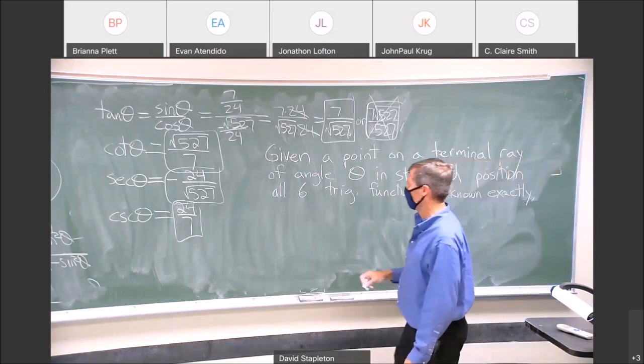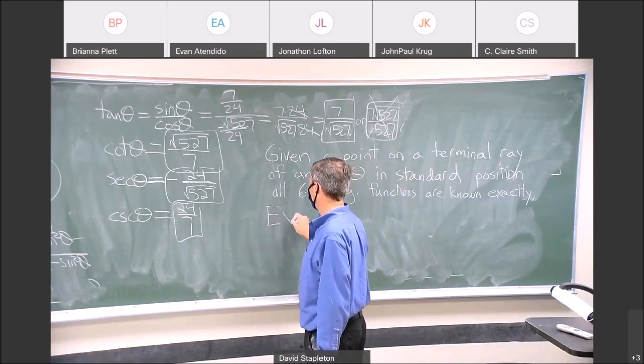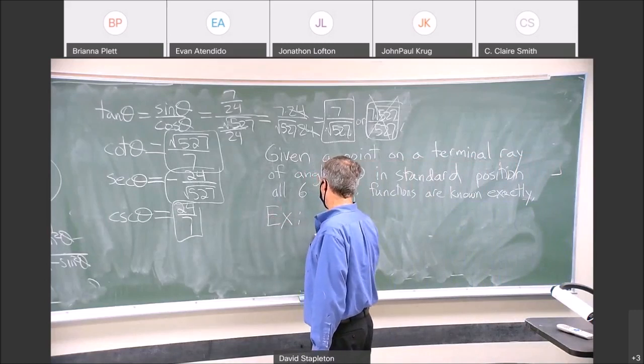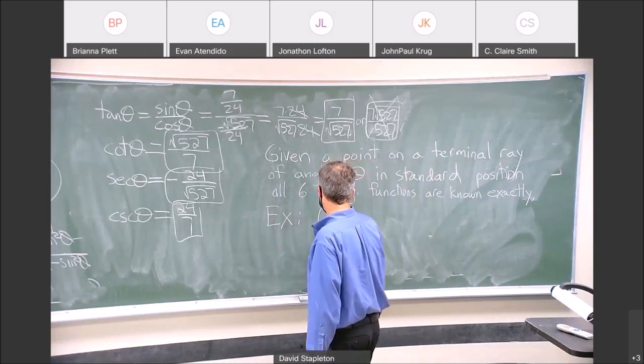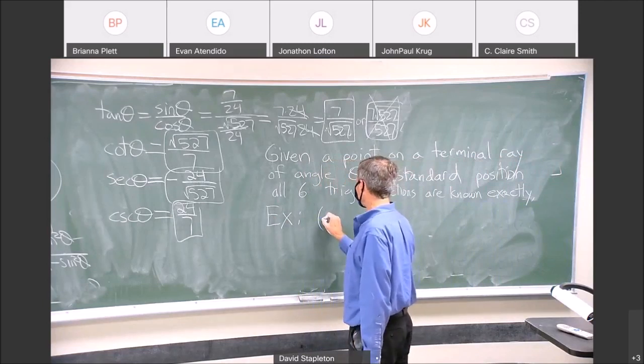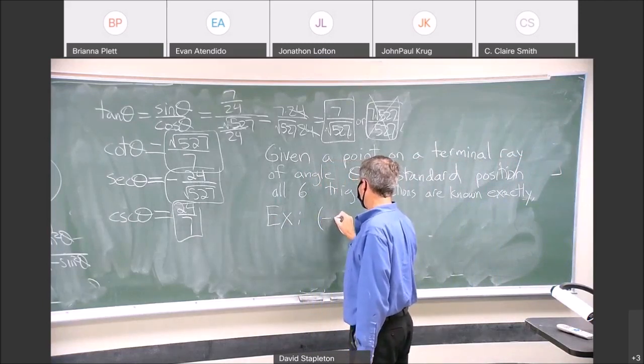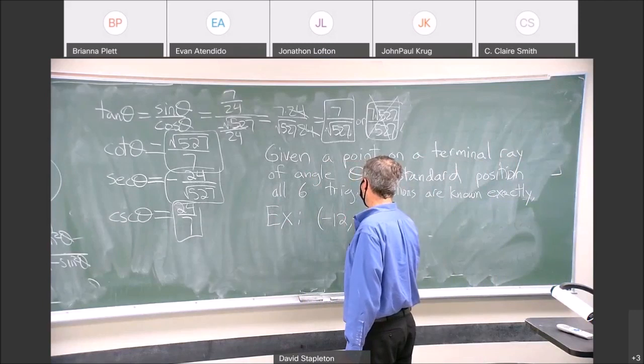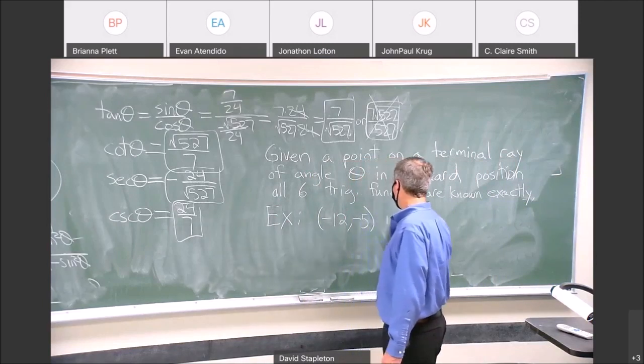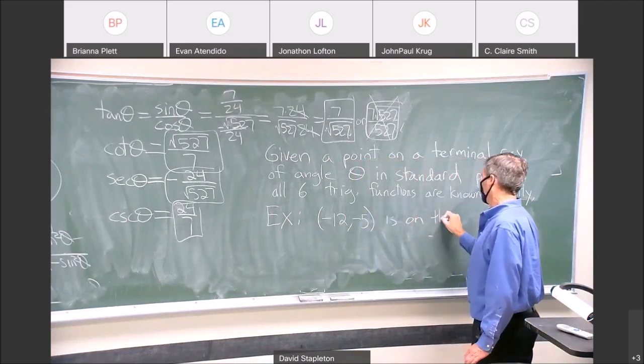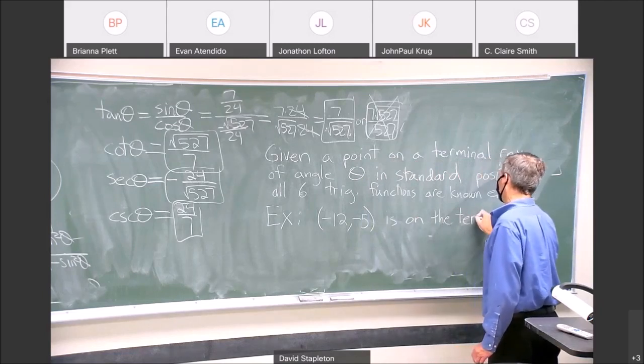For instance, suppose I did this example. Suppose I said the point with coordinates minus 12, minus 5 is on the terminal ray for angle theta.